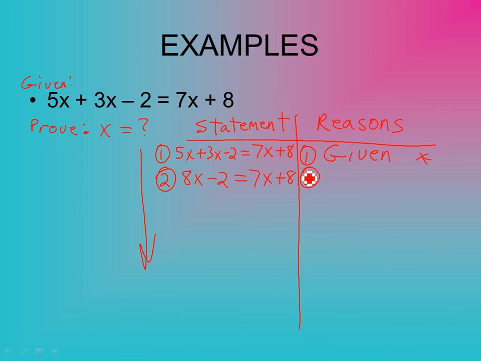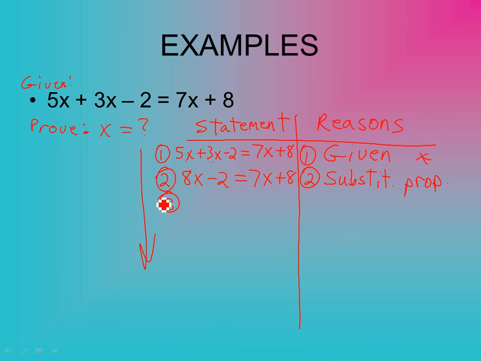And the reason I put for that, substitution property. I don't mind if you abbreviate these properties, but don't abbreviate substitution SUB, because then I might think it means subtraction. I won't know the difference.